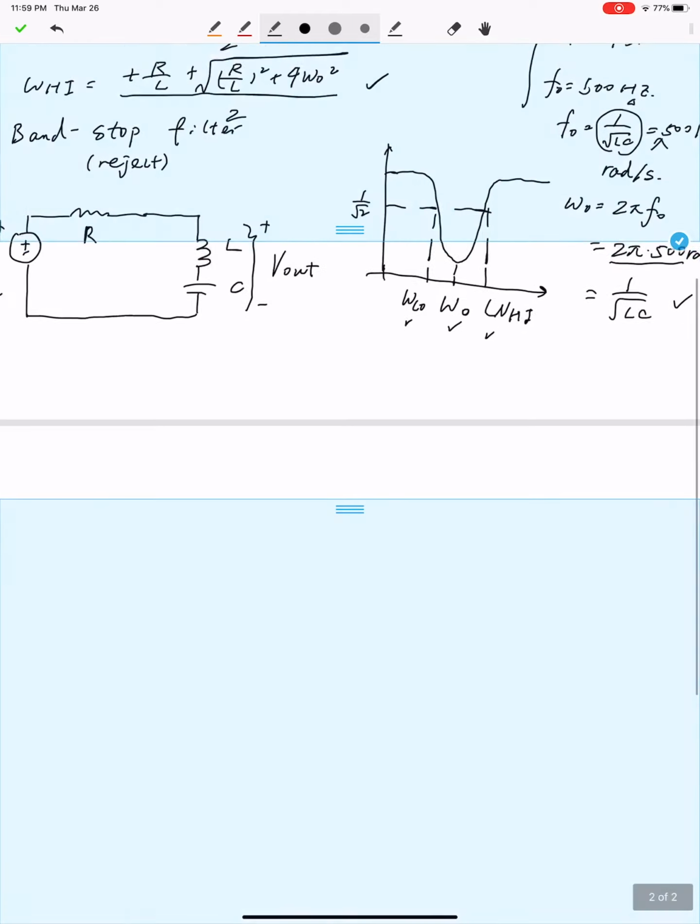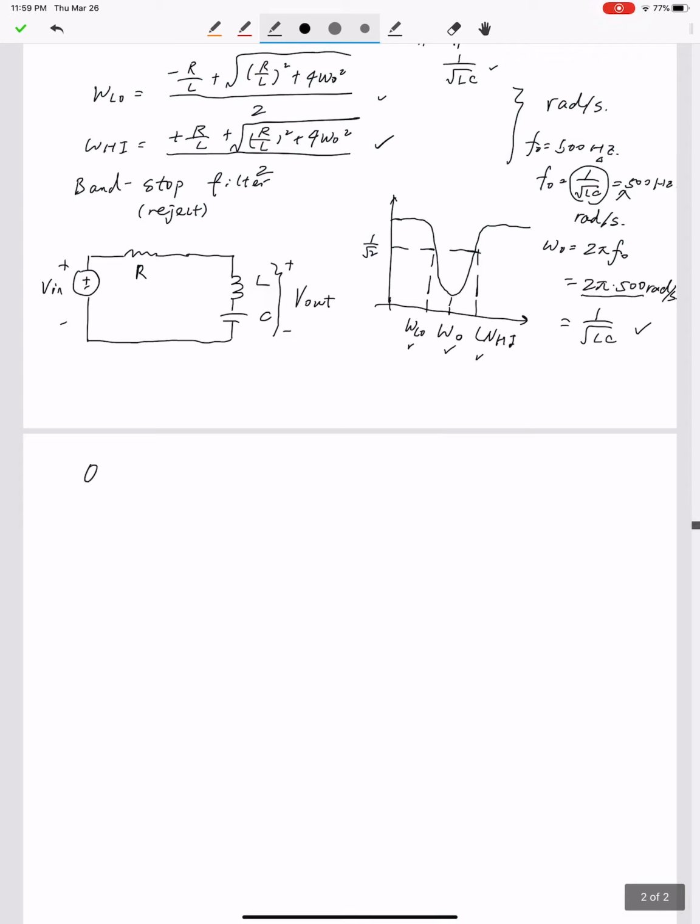They are quality factor Q and bandwidth, BW. The quality factor Q is defined as omega 0 divided by bandwidth. And bandwidth is defined as omega high minus omega low.